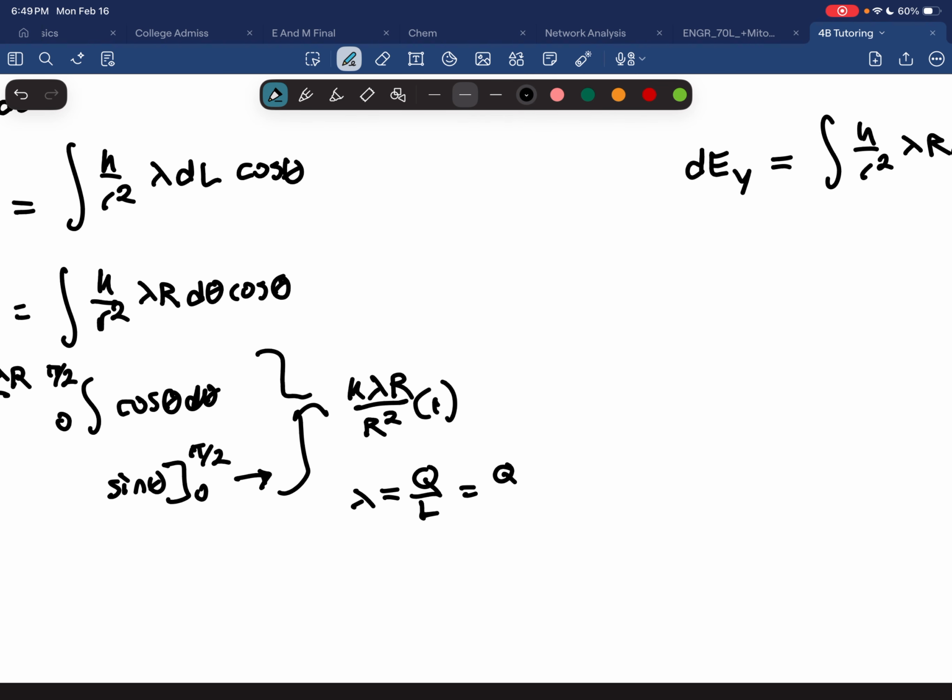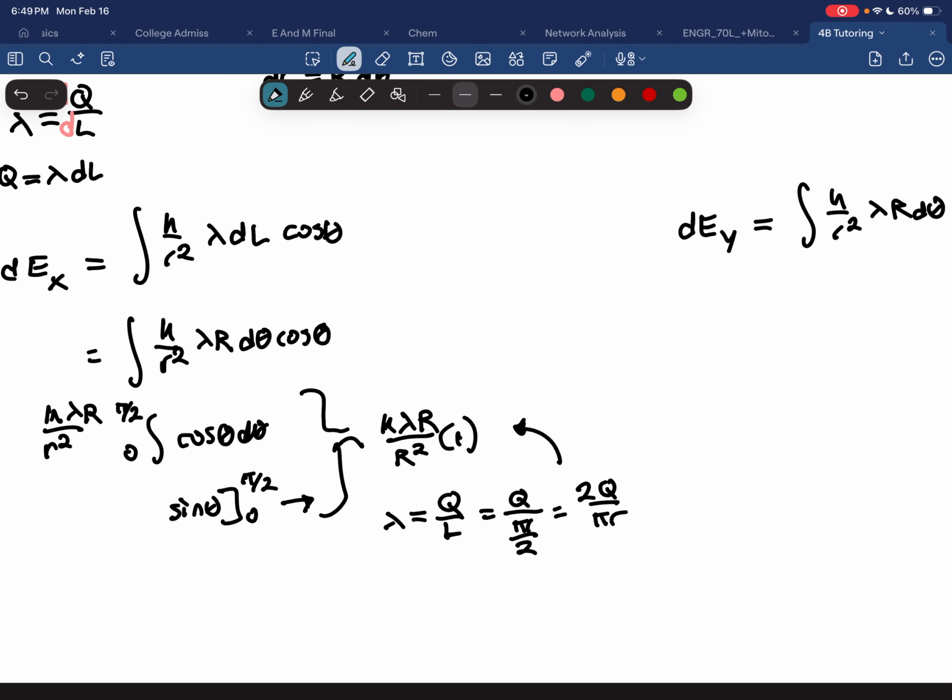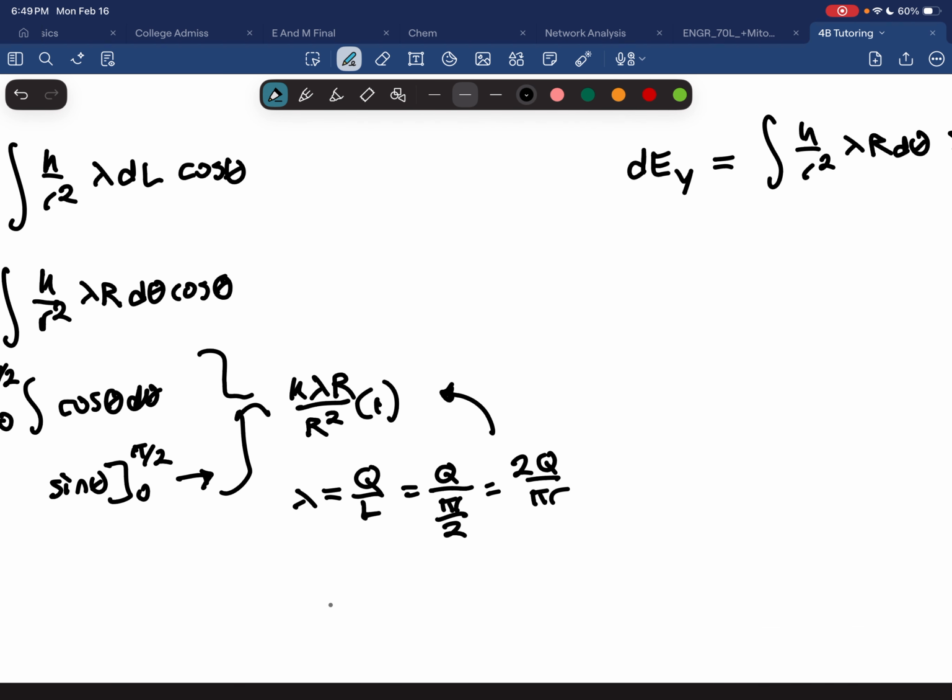So we get Q over pi r over 2, which is equal to 2q over pi r. If we substitute that back in here, then we get k over r, multiplied by 2q over pi r, over pi r squared.